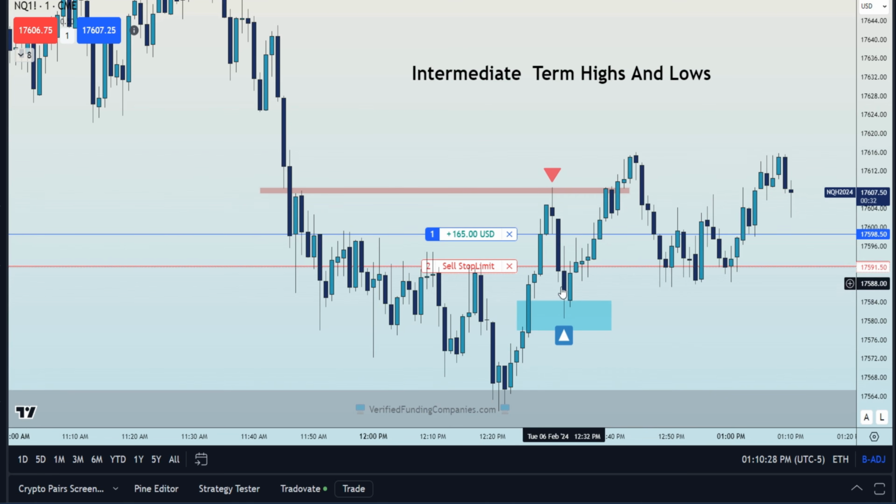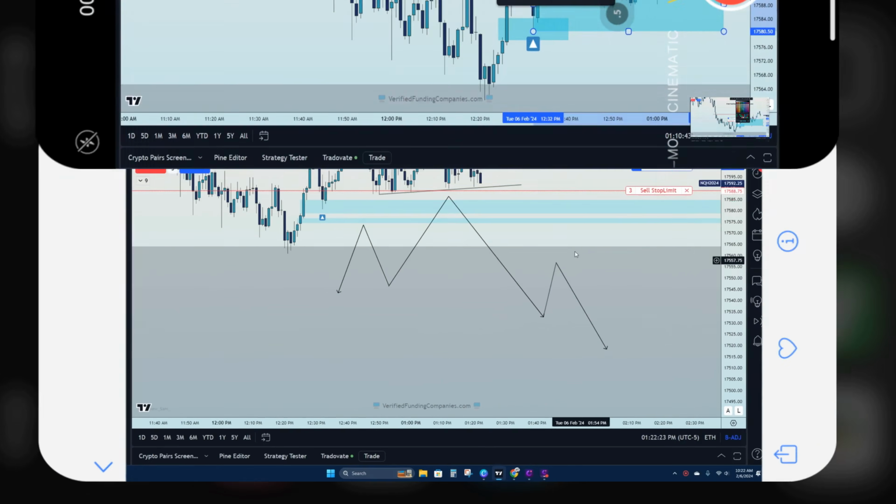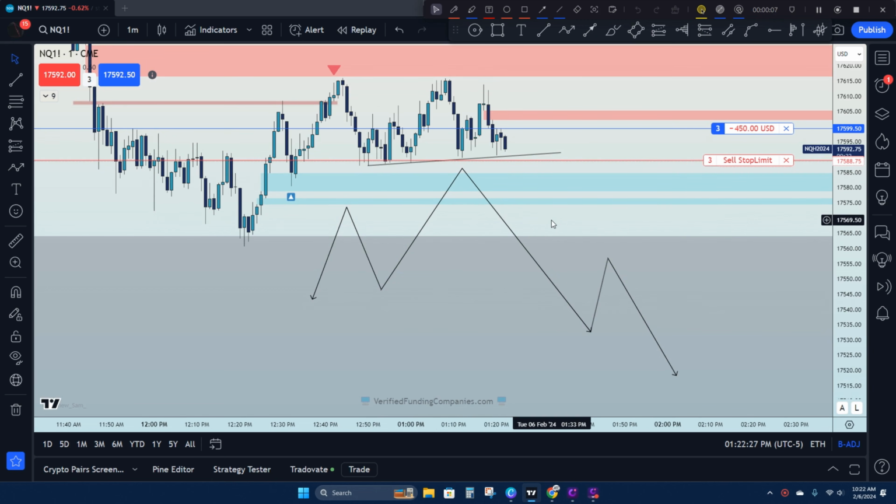If this is an intermediate term low and then price moves up and comes back down and this acts as support, as it did, we're going to draw out this intermediate term order block, which we'll get into a little bit later. We need to talk about internal and external range liquidity.